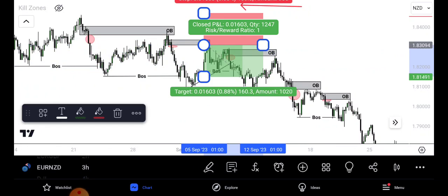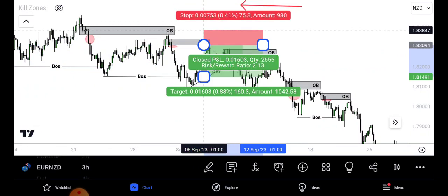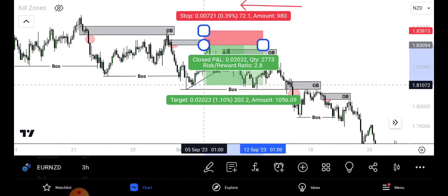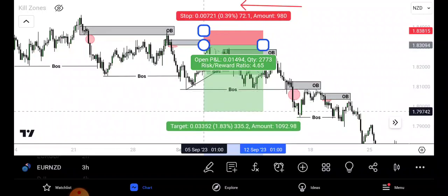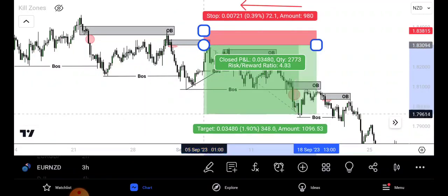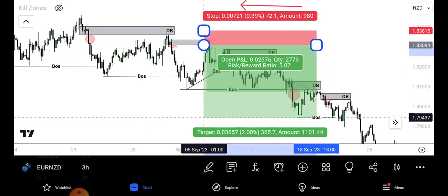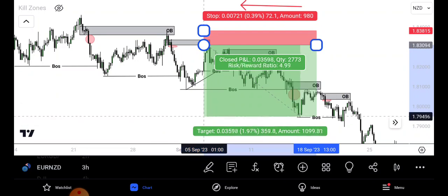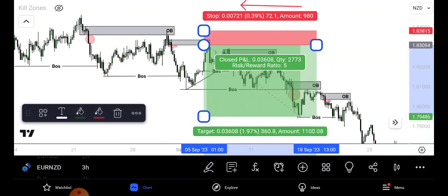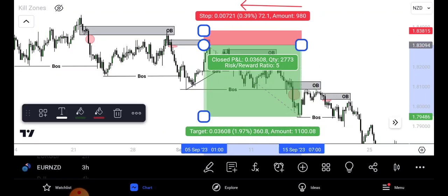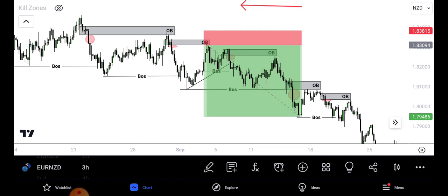From that zone here, you put your stop loss above the high there, and you should have made at least a 1 to 5 risk reward. What does that simply mean? It means for every 1% you risk, you make 5%.